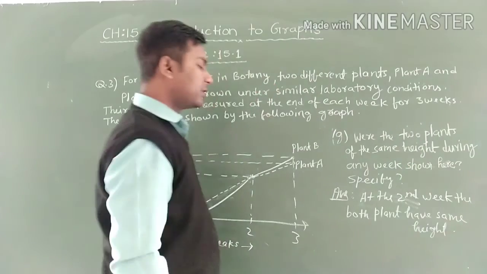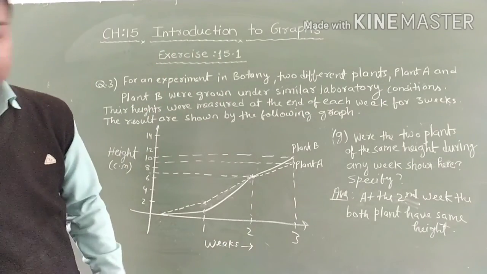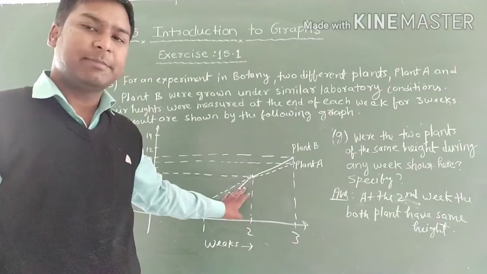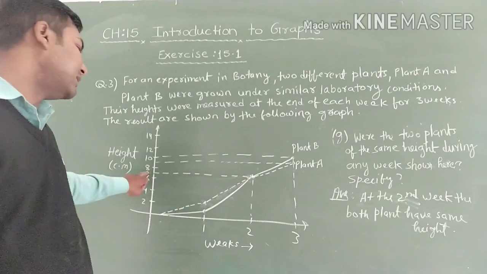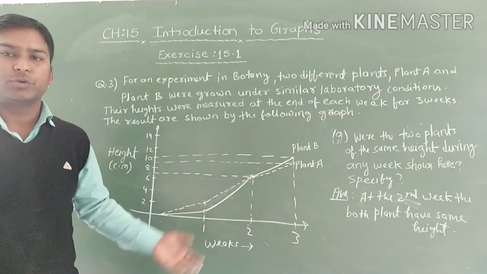So after 2 weeks, the second week, both plants have the same height, that is 7 centimeter. Okay, so this was the complete explanation up to question number G.